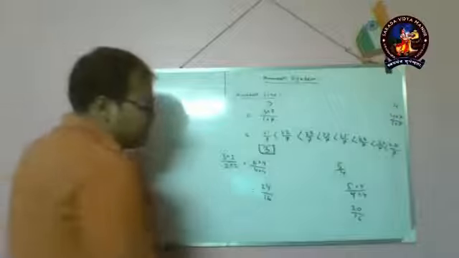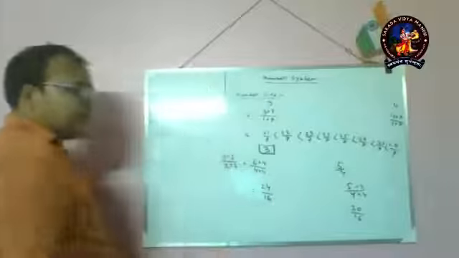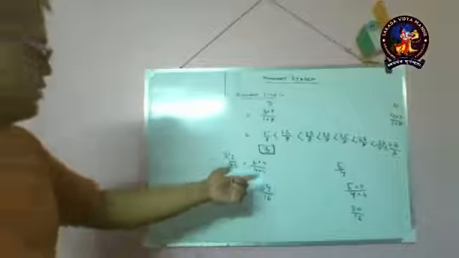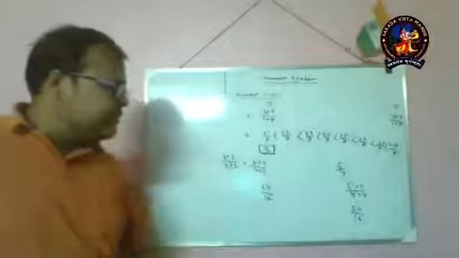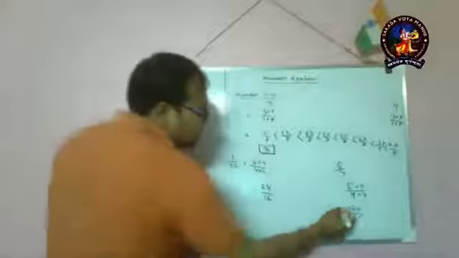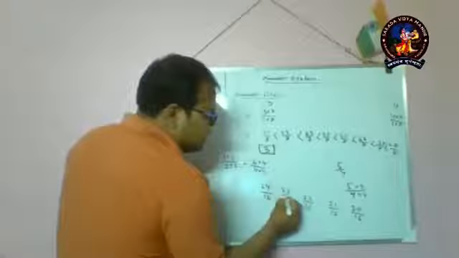Every time you will notice that you can write only 3 numbers between them. As you have multiplied by 4, you will get only 3 numbers between them. Okay, so 21 by 16 can be written here between them, 22 by 16, 23 by 16.